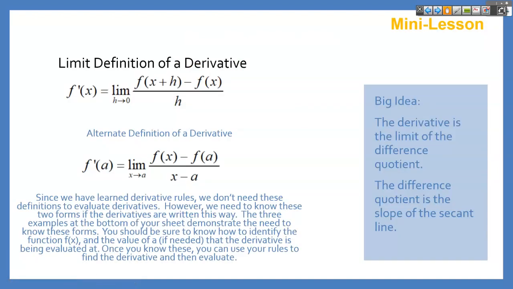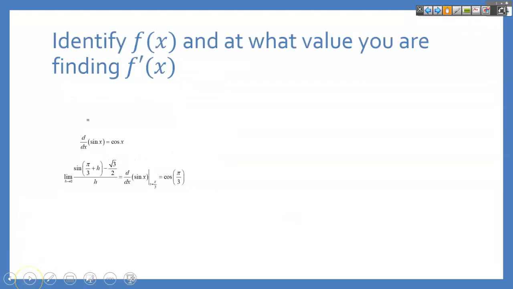You need to know your definition of the derivative, but again, it's typically a multiple choice or an application. So the limit as h goes to 0 of sine of x plus h minus sine x, all over h. Taking that into consideration and identifying the pieces, what is f prime?